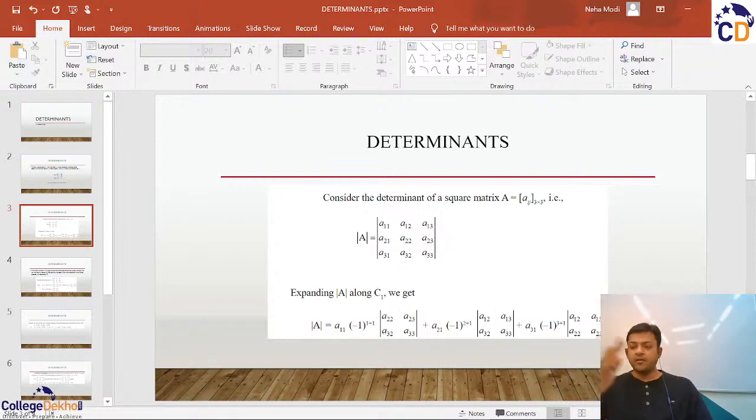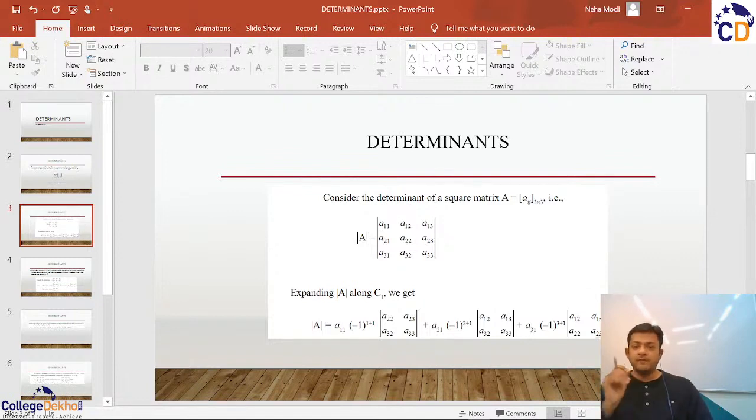Similarly, the element to its right is a12, and the last element in the first row is a13. The second row is represented by a21, a22 and a23. The third row is represented by a31, a32 and a33. This is how the determinant is framed.